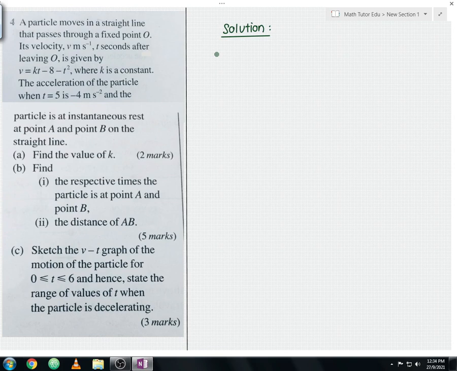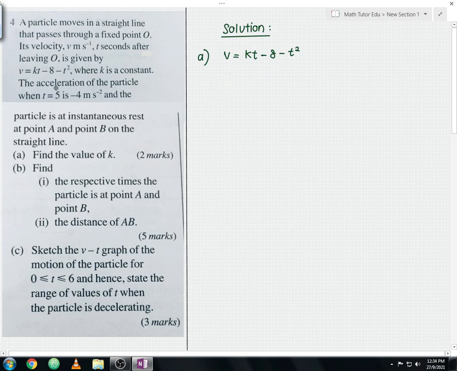Okay, for the question part A, we are required to find the value of k. So let us begin our discussion. Okay, so the velocity equation is given that v equals kt minus 8 minus t square. Okay, so there is an important information given by the question.